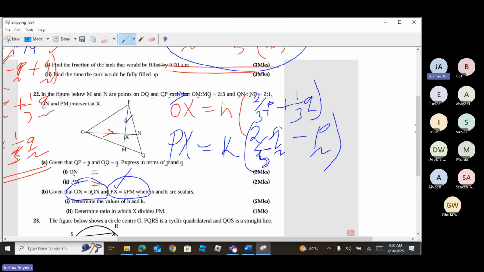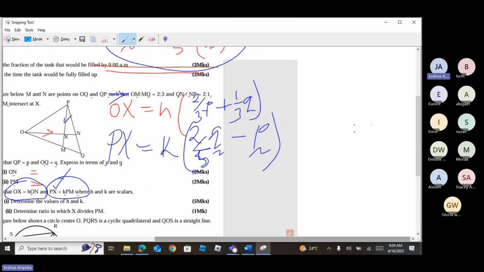The vector OX and the vector PX. After interpreting, we can even evaluate and say vector OX is equal to 2 over 3 HP plus a third HQ.